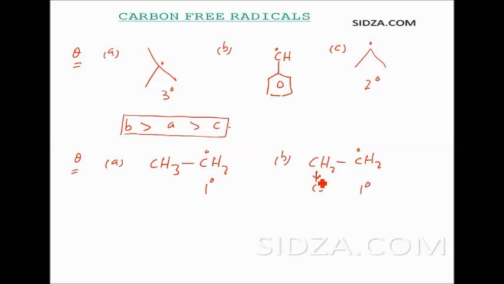Electron withdrawing groups decrease the electron density, and they decrease the stability of the free radicals, while electron releasing groups increase the stability. So here A is more stable than B. The first one will be more stable than the second one.